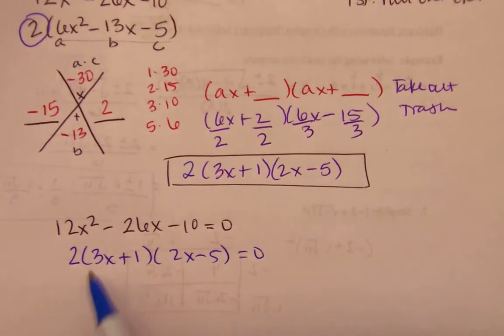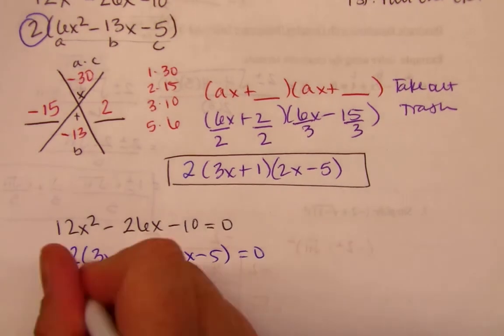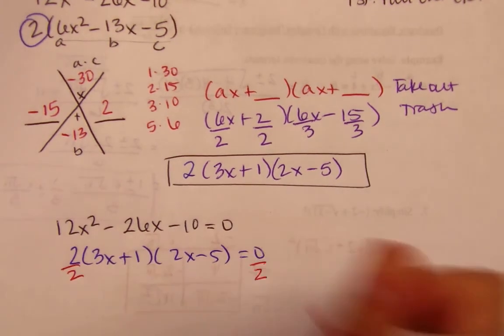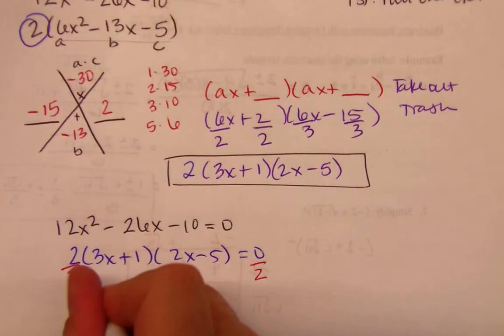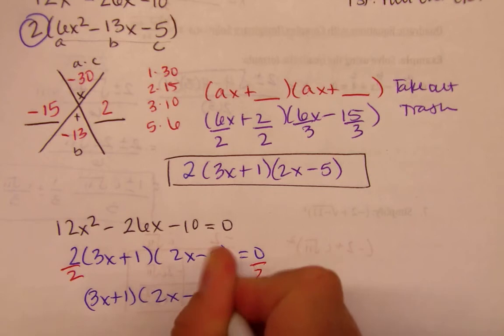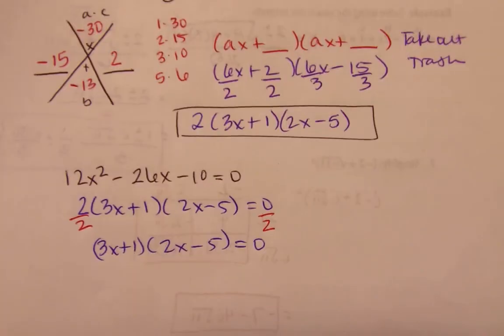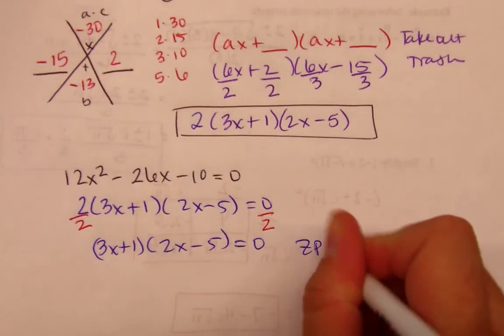And now what we can do is, because this is just a number out front, I can divide both sides by 2. And when we do that, we get 3x plus 1 and 2x minus 5 equals 0. And now we can use the zero product property.